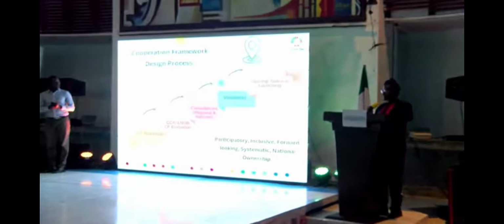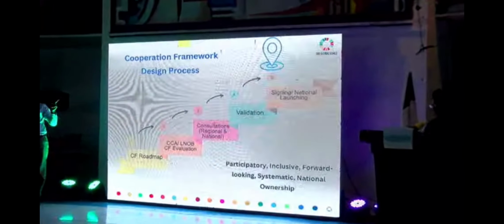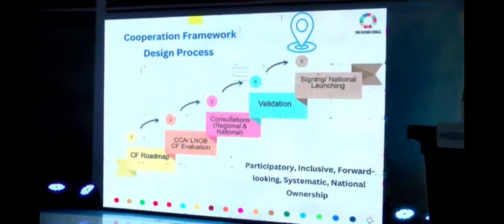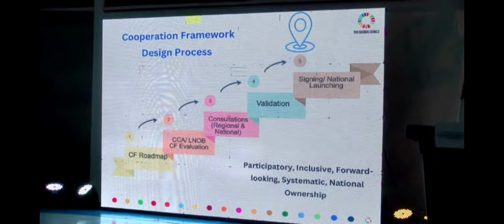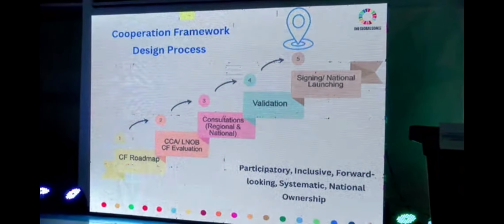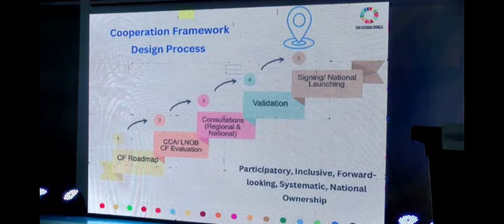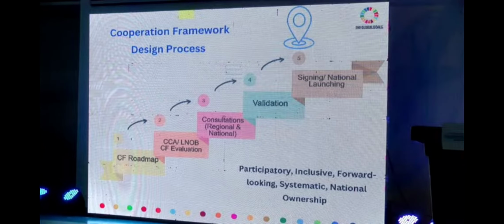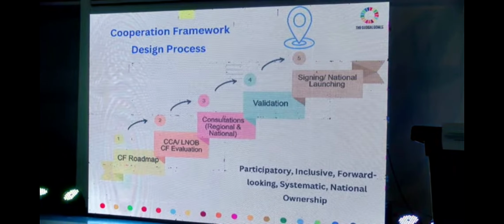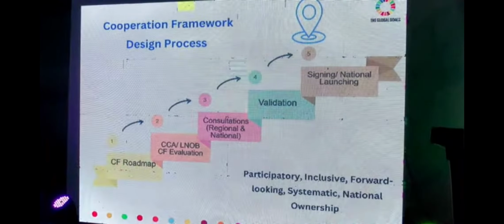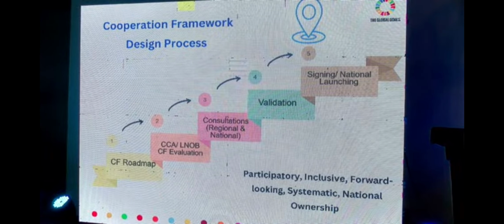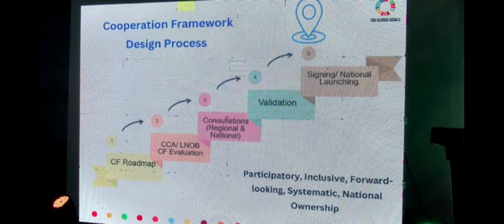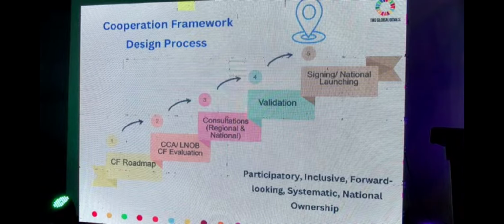So the cooperation framework that we are signing today is a result of a long journey. Development of cooperation frameworks follows strict guidelines and rigorous methodology. The actual cooperation framework design started a year ago.